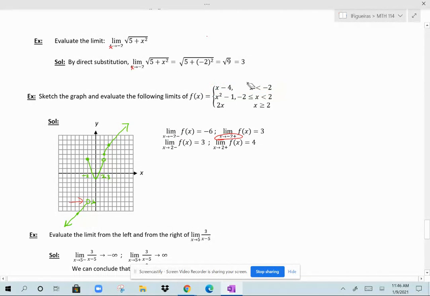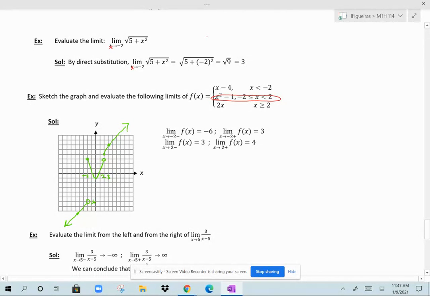When I'm on the right side of -2, I'm looking at this piece, the parabola. So again, by direct substitution, I can plug in the -2 right in here, and that gives me a value of 3. And you can also see it on the graph. When I'm on the right side of -2, my y value is +3.